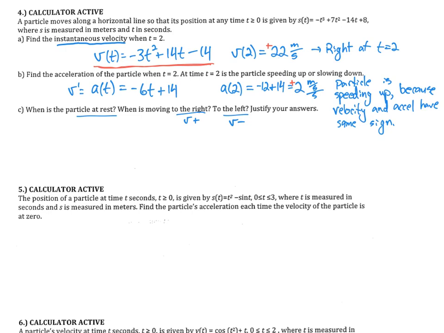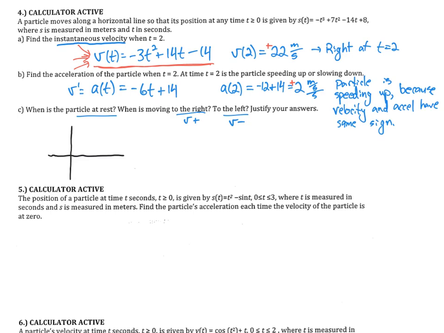So what I'm going to ask you to do is to reach for your calculator right now and graph velocity in a standard 10 by 10 by 10 window. And you should end up seeing a graph that looks a little bit like this.